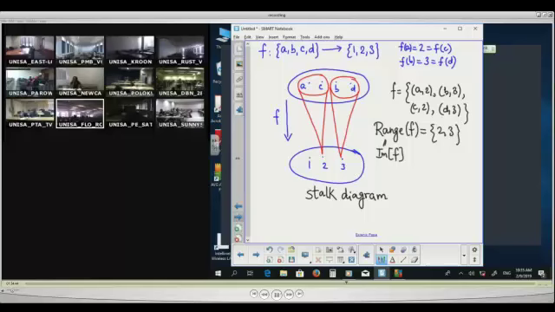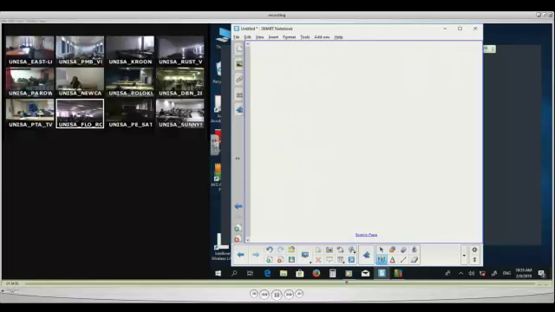So, given this function, we say that f is surjective. Or another word which is more familiarly used for you is onto. f is onto if the image of f, that means the range, is same as C. What does it mean?